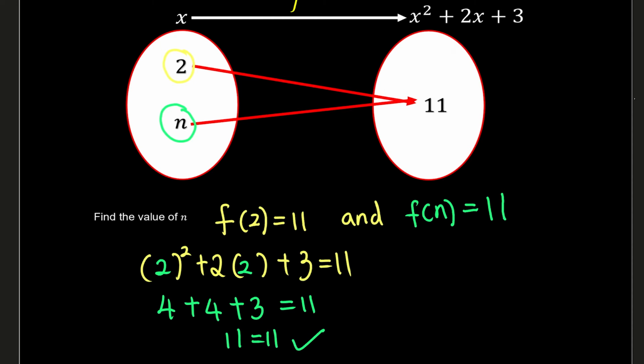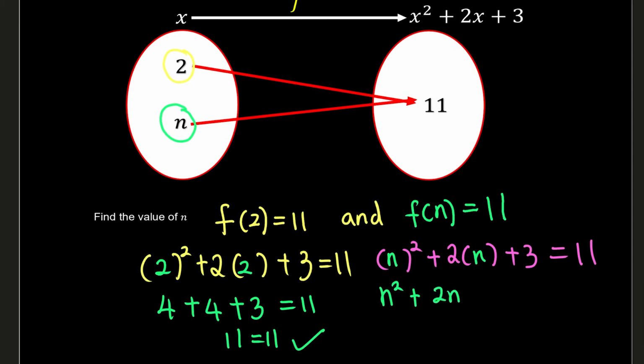So now we're going to do f(n). f(n) is the same thing. We substitute x by n and we have the answer 11. So we substitute n inside first. We will have n squared plus 2n plus 3 equals 11.